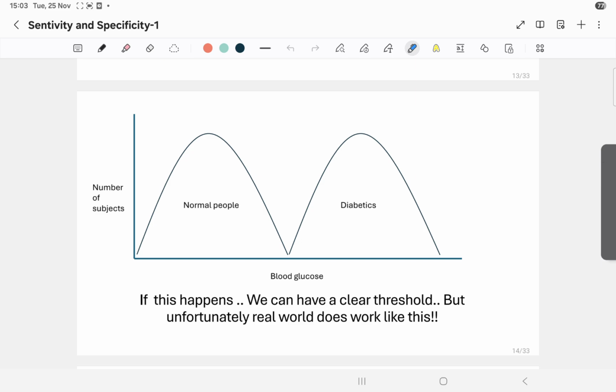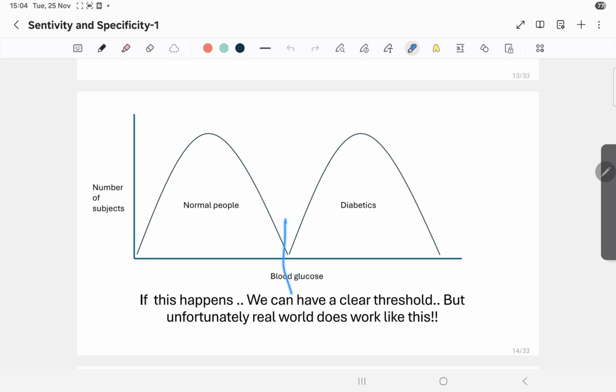But just as a hypothesis, if our graphs had looked something like this, that normal people are here and diabetic people are here, there is no overlap, and all the diabetics have higher blood glucose values than normal people, then it would have been very easy. We would take a threshold here, and whoever tests positive will be considered diabetic, and whoever tests negative will be considered non-diabetic.